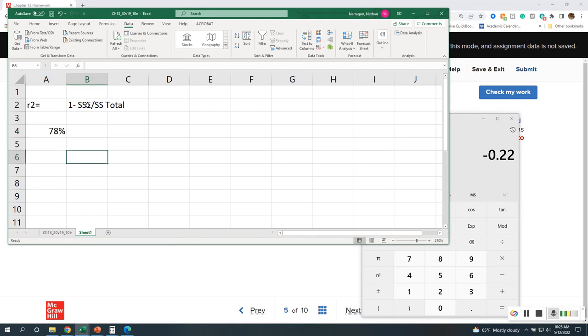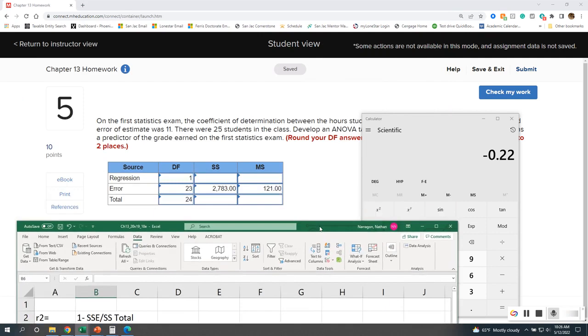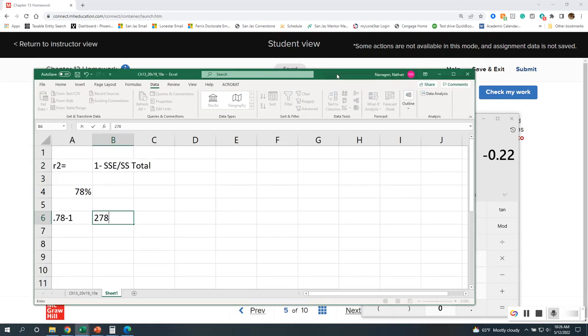So next, we have to use algebra to solve for SS total. First job is to take 0.78 minus 1. We have to get that 1 over. So that's still going to equal our SSE, which for me is 2,783 divided by X. We're going to put X because we don't know what SS total is.